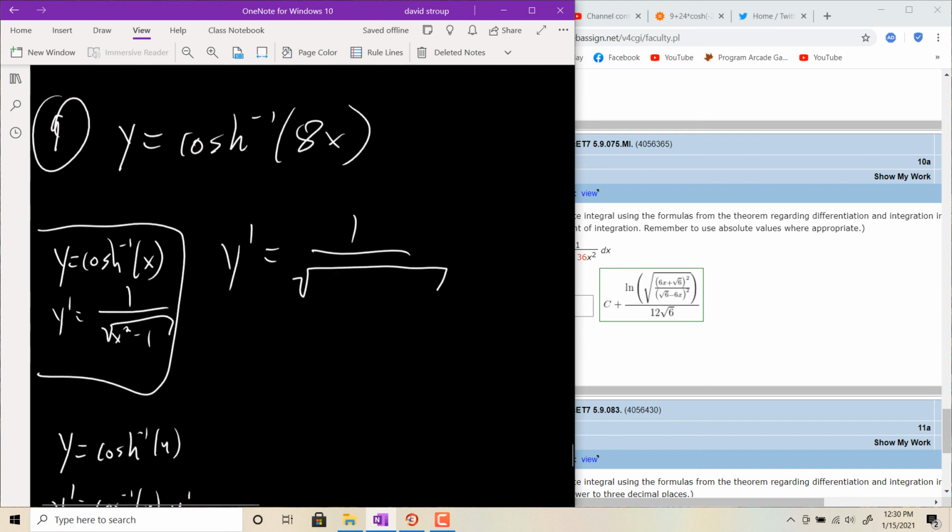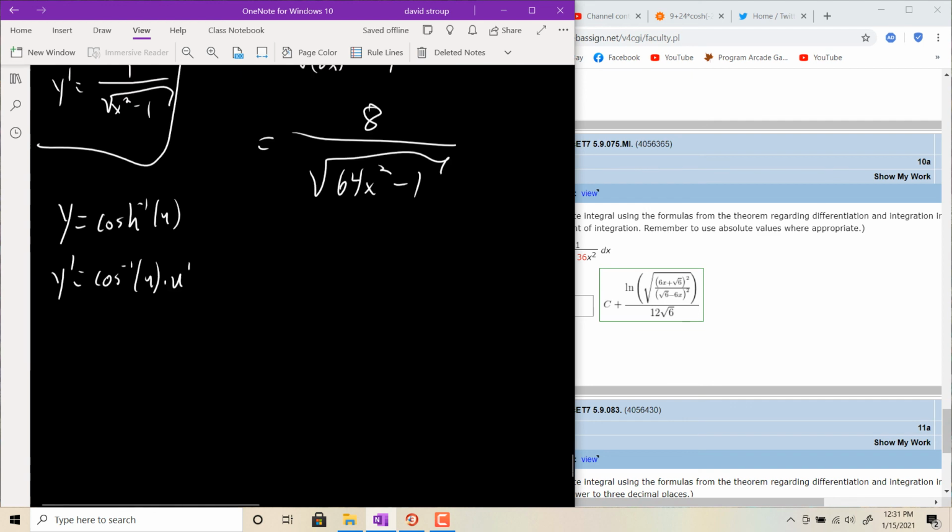So here, y prime is 1 over the square root of 8x squared minus 1 times the derivative of 8x, which is 8. So we get 8 all over the square root of 64x squared minus 1. Okay, I think we've beaten this to death.